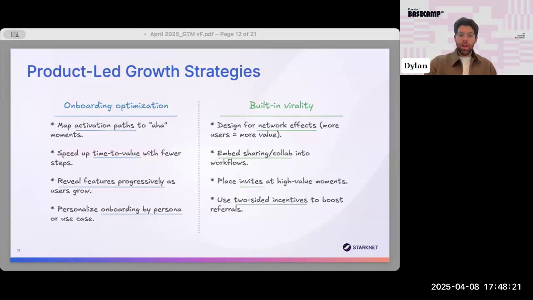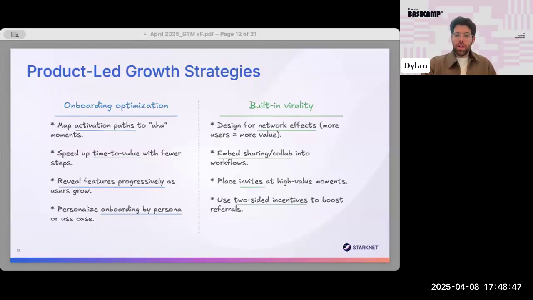So for onboarding, you need to really map the critical actions that deliver that aha moment, the first real experience of value. So you need to speed up time to value by reducing the number of steps and friction. You need to reveal features progressively as the amount of users grow in your app. And then you need to personalize onboarding paths for different types of personas.